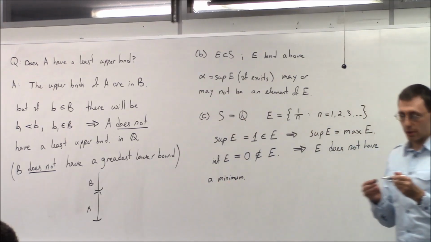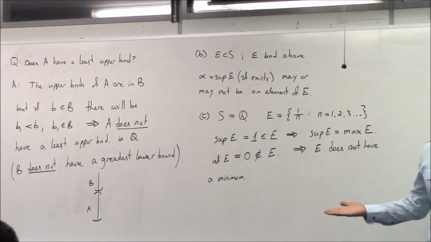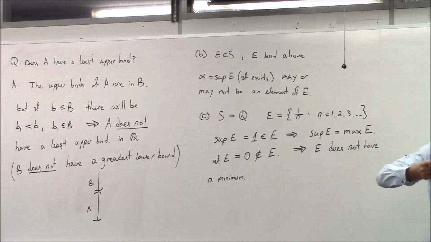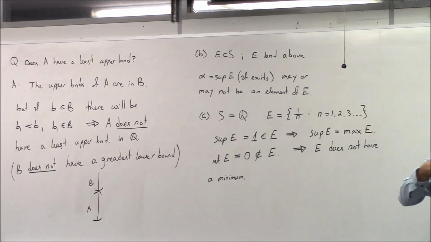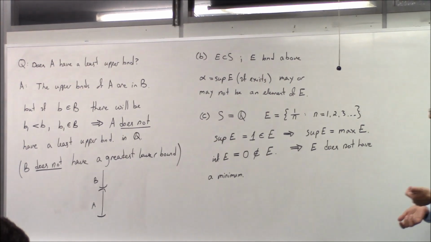Make sense? So supremum is just a generalized maximum that may or may not be part of the set. So it's a little bit more general than maximum. Infimum is the same thing, but for minimum. Okay?